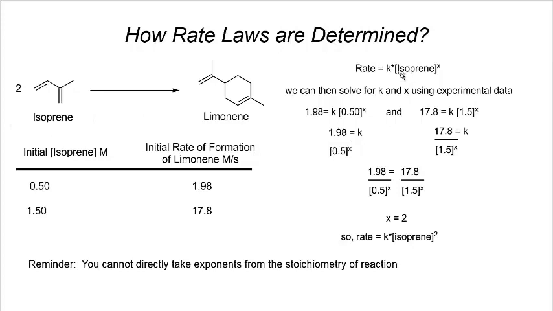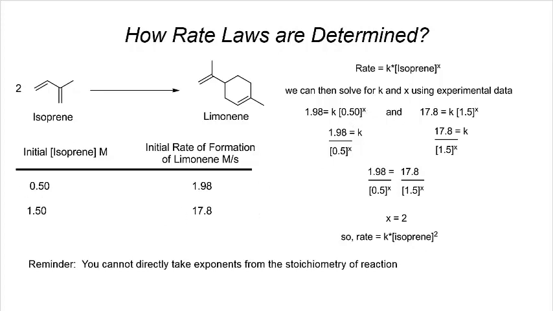And so we take the concentration of isoprene raised to some power, which is the order of our reaction with respect to isoprene, we'll call that X. Because we have some initial data here, we can solve for K and X using this experimental data. So for example, in this first column, we can see that the rate of the reaction, 1.98, equals K, some constant that we would need to figure out, times the concentration, 0.5 molar to the Xth power.